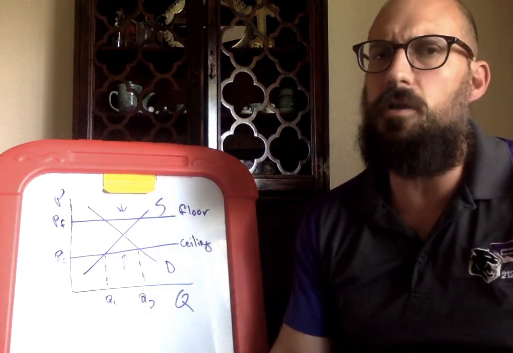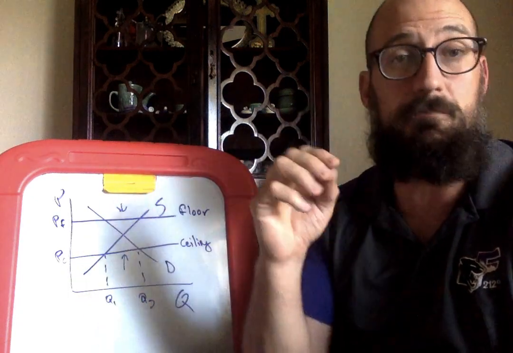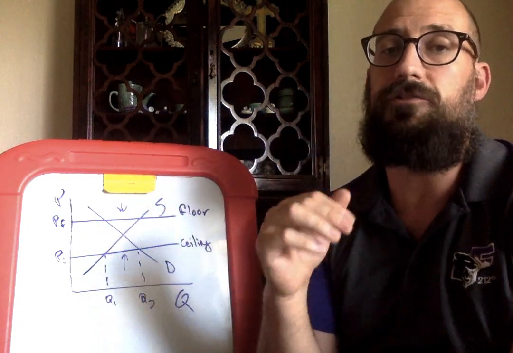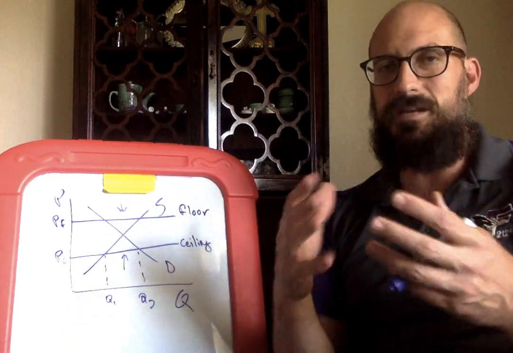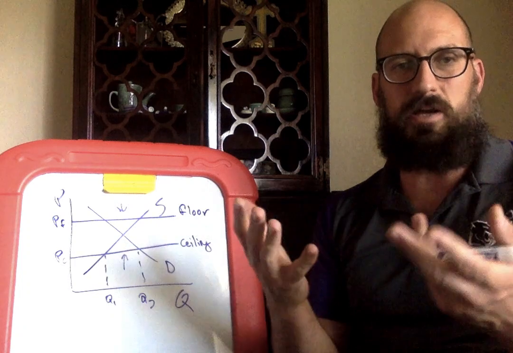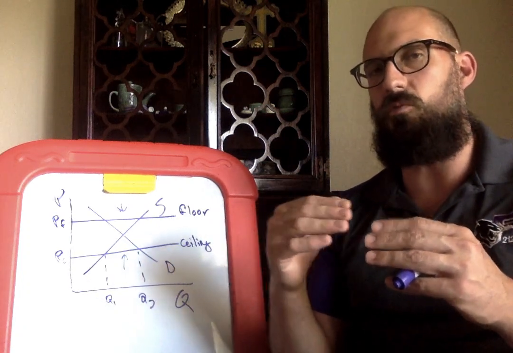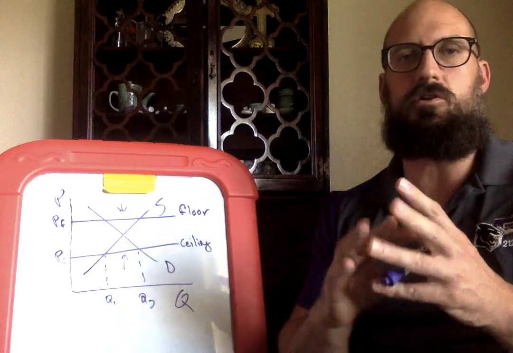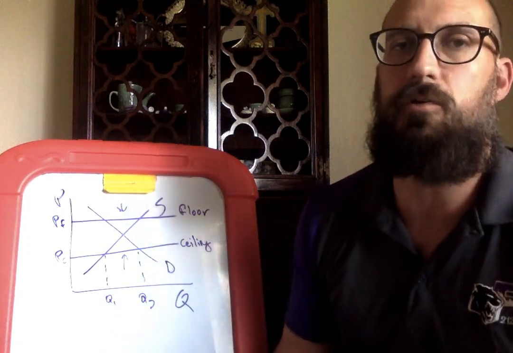And so think of things that are price floors. Well, what can you not charge? What's the minimum legal price a seller can sell a product for? Well, think about that. Minimum wage is a price floor, right? You cannot charge below whatever minimum wage is in your city or state. You cannot charge below that price for your labor.